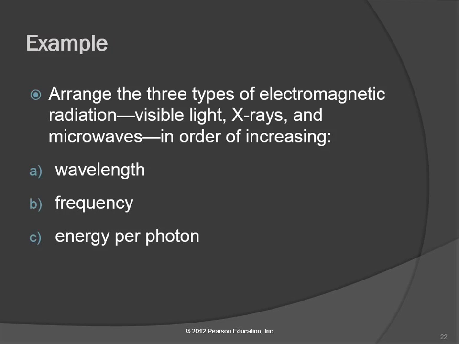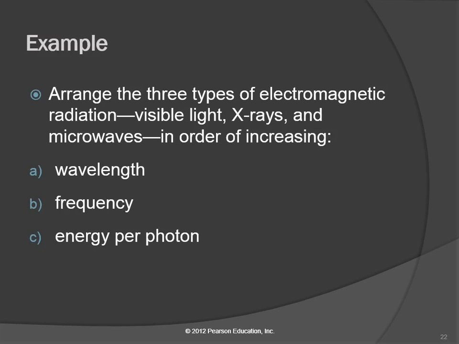So, what should you know about this stuff? I would like you to know the order of the different types of energy. And if you think about it a while and look at the chart, it's not that hard to remember. So here's a question.